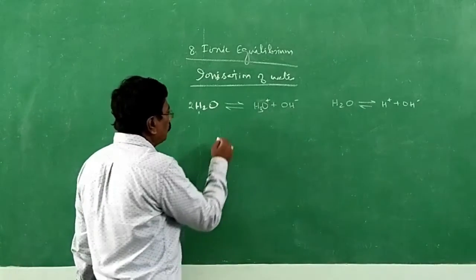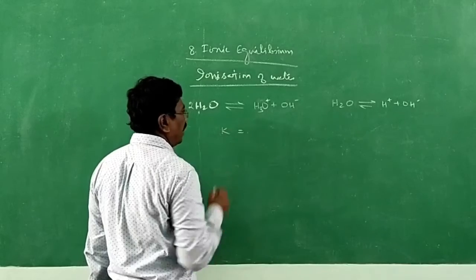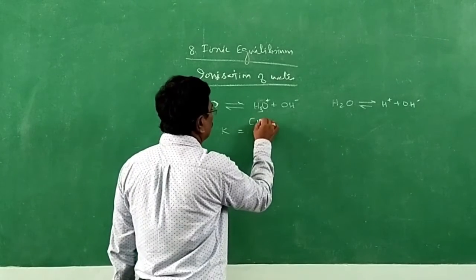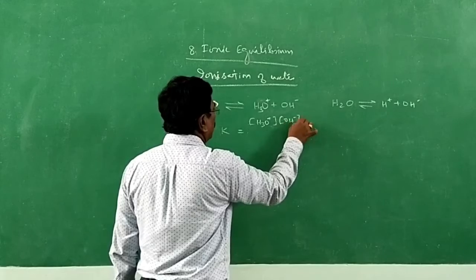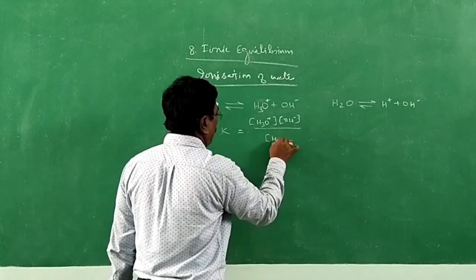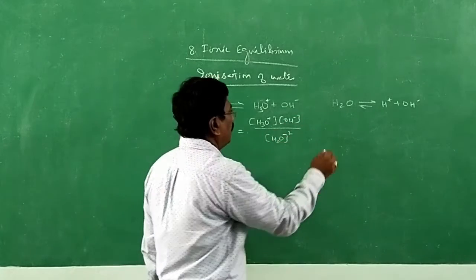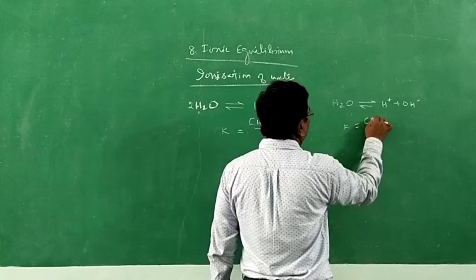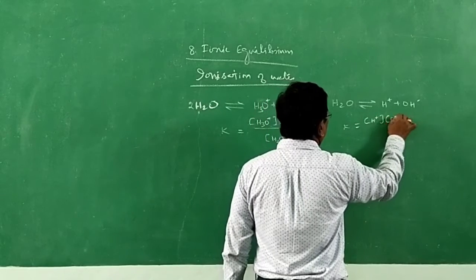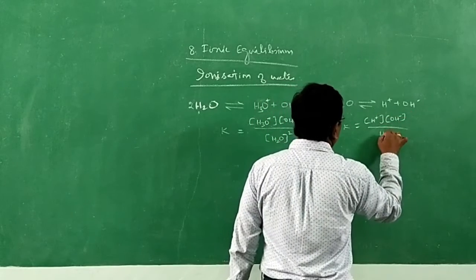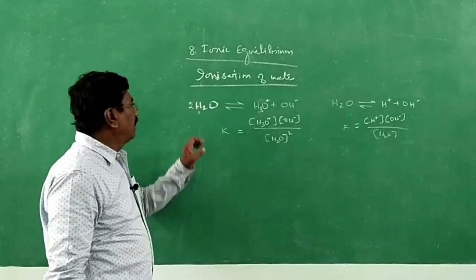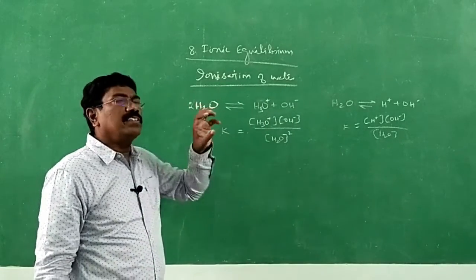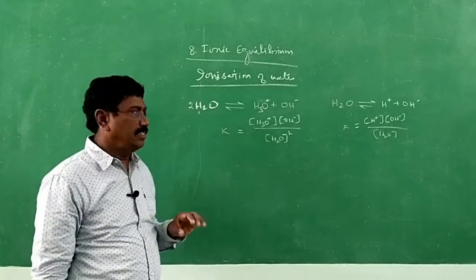If we try to write the equilibrium constant, K is equal to molar concentration of hydronium ion into molar concentration of OH minus ion divided by molar concentration of water square. If we consider the other equation, K is equal to hydrogen ion concentration into hydroxide ion concentration divided by concentration of water. But water will be present in very large excess.